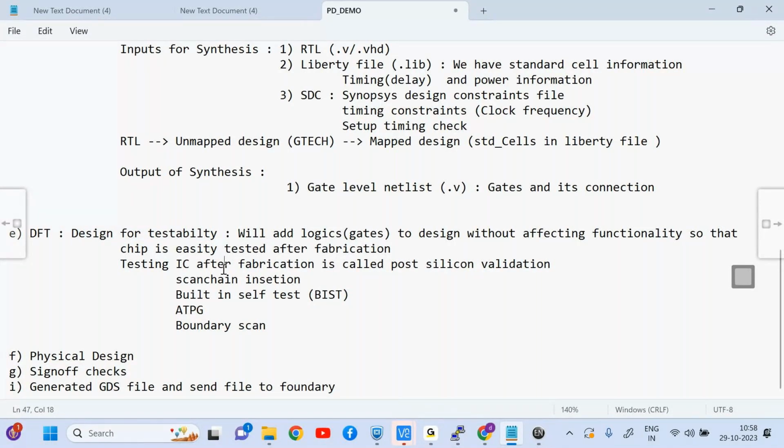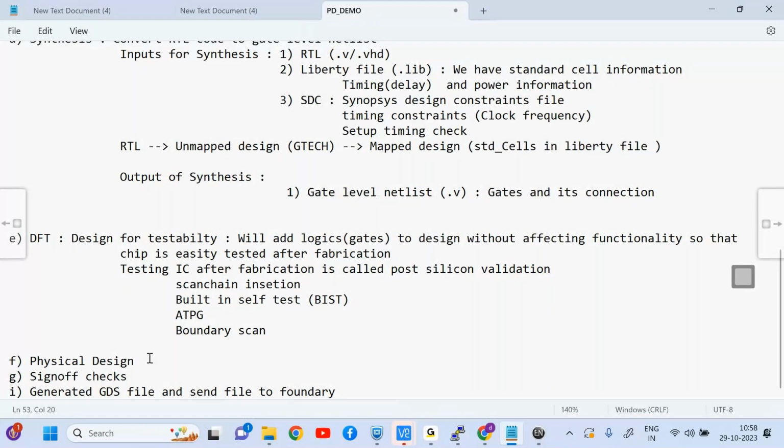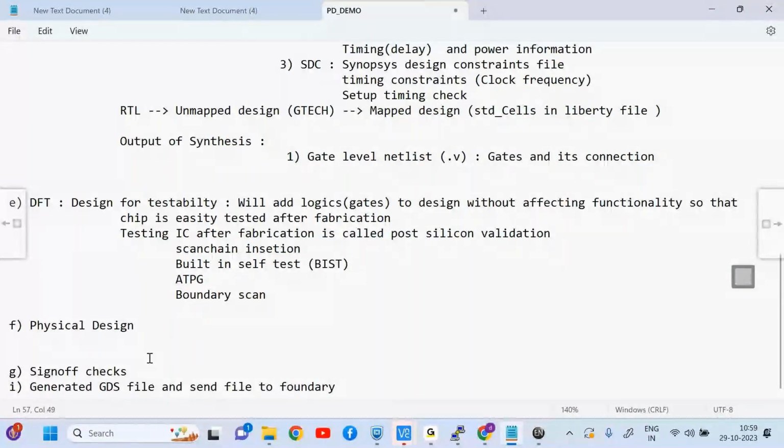After this, whatever netlist we get is forwarded to the physical design team. So our role starts here. Physical design.